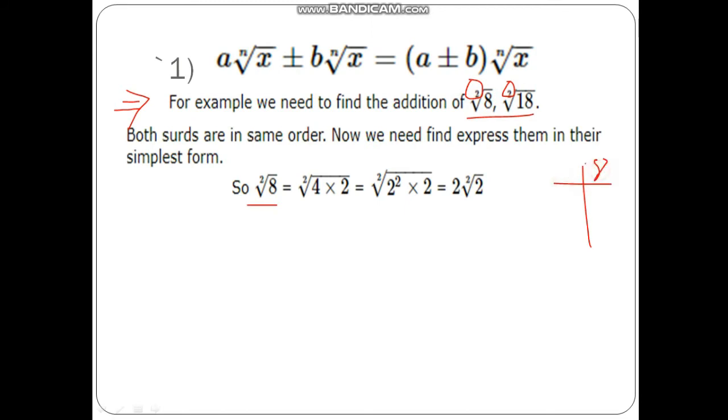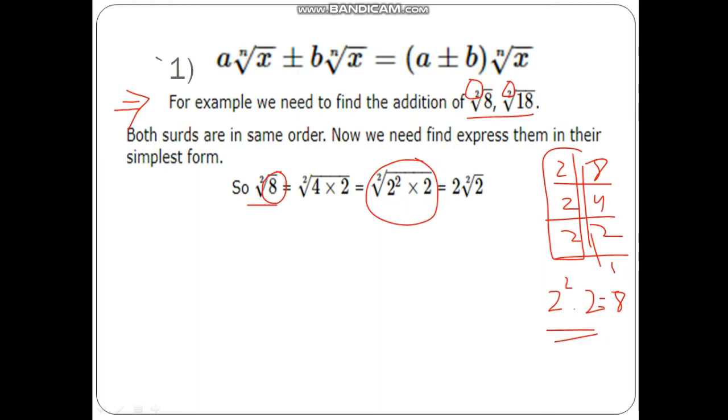See 8. So let's do prime factorization. 2 4s are 8, 2 2s are 4, 2 1s are 2. So it will be 2 cube. Here the order is 2, so I am going to make 2 square into 2. पेयर of 2 बना रही हूँ मैं, ठीक है, क्योंकि हमारे पास order 2 है. See here, in the place of 8 I have written 2 square into 2.